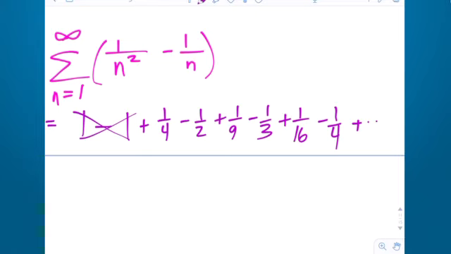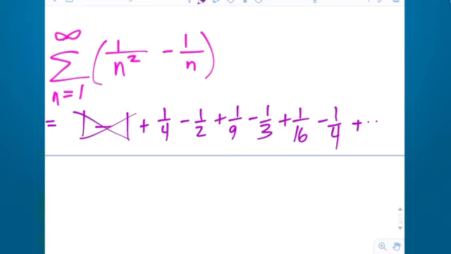So here's one where even though the terms go to 0 and it alternates, we can't say it converges because the terms don't monotonically decrease. What is your intuition? Do you think this one still converges or diverges? Diverges. Good. Why? Because some of the terms are getting small enough, but some of the terms are not.